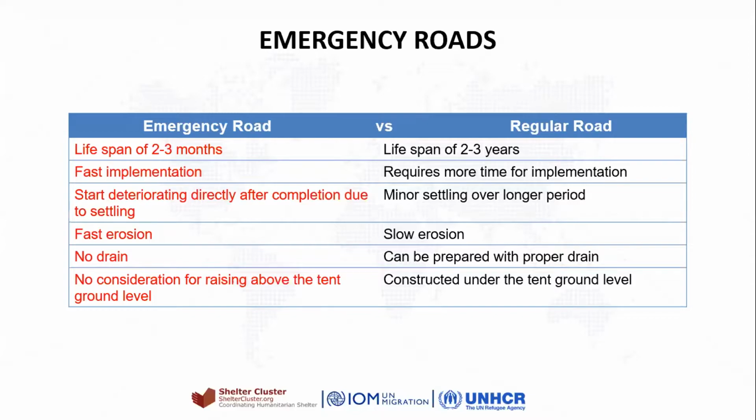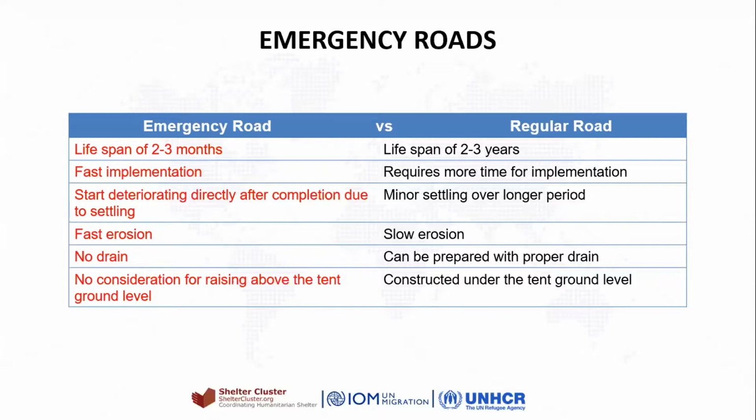Now, on this note, we can avoid the fast deterioration of the emergency road, if possible, without causing excess cost on the budget that we provide for the emergency road, by having a small drainage, because usually, as we said in the previous workshop, water is the main factor that destroys the road.